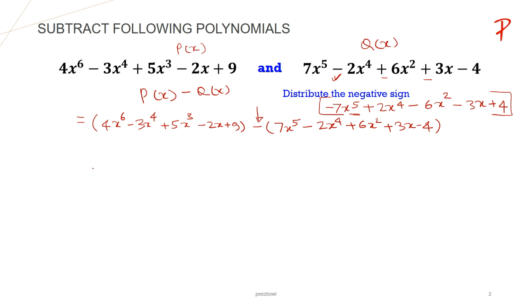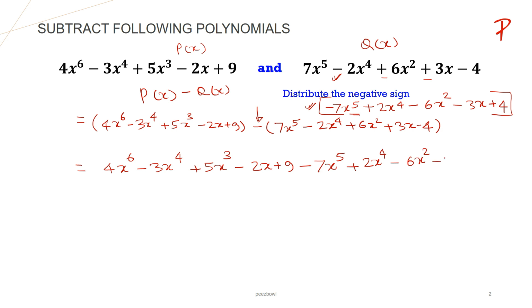Okay, so I will write it as 4x to the power 6 minus 3x to the power 4 plus 5x to the power 3 minus 2x plus 9, right? After distributing the negative sign, we get this. So I will write minus 7x to the power 5 plus 2x to the power 4 minus 6x square minus 3x plus 4.